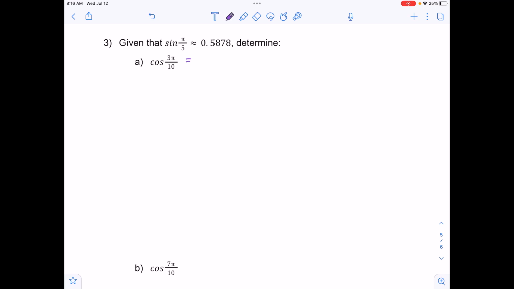Can we write cosine of 3 pi by 10 differently? Let's use our Q1 pattern here of pi over 2 take away 3 pi over 10. I know that 3 pi over 10 is in Q1, which is why I'm using a Q1 pattern.